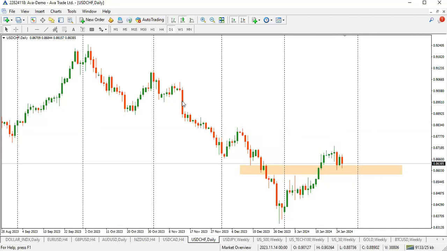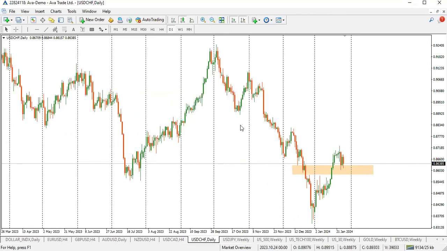We have this old high here, we have inefficiency here. So we have premium arrays that should be met. All right, so that could be what we are seeing. This is the market maker sell model, smart money reversal. We had a low risk sell, we have distribution, redistribution, and then it's much lower, taking this sell side.